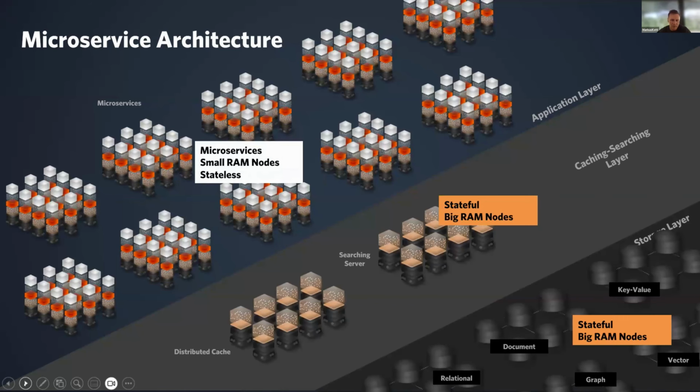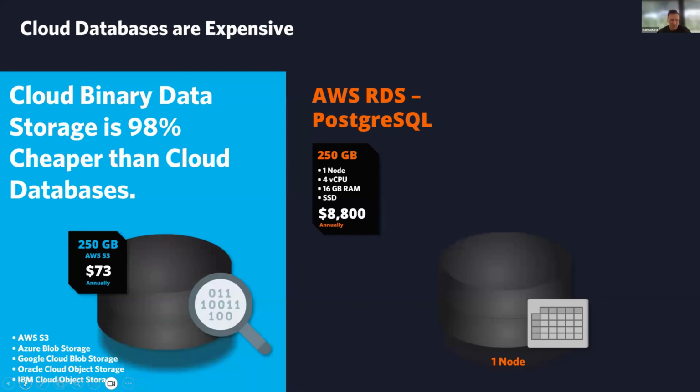And now the question is, how does EclipseStore work? But before we talk about EclipseStore's functional principle, we want to talk about the cost. Here is an example with PostgreSQL at AWS.